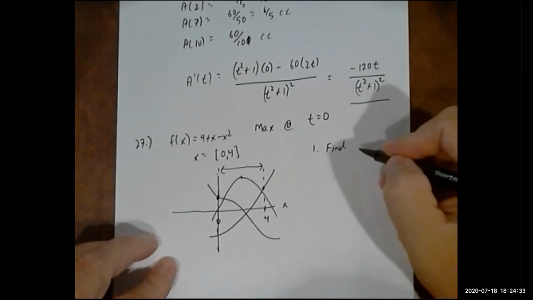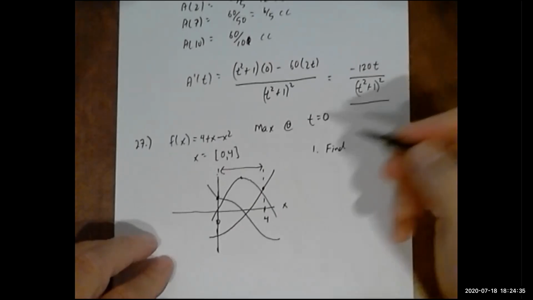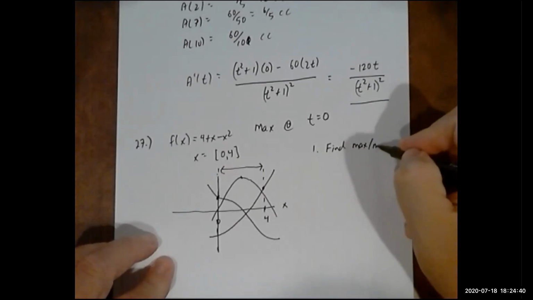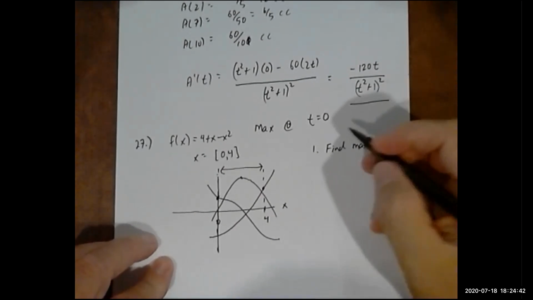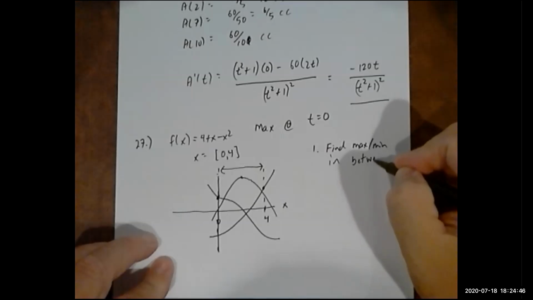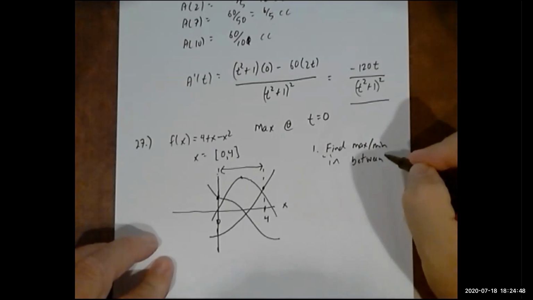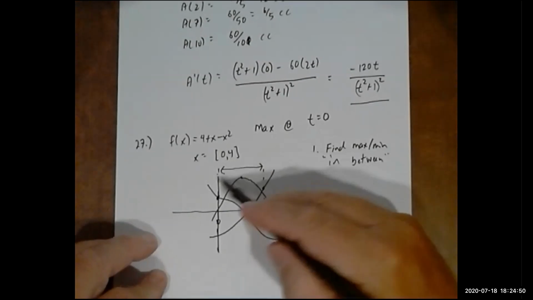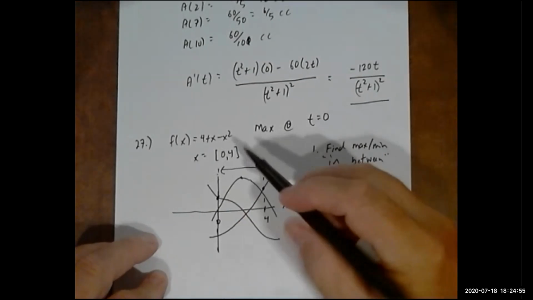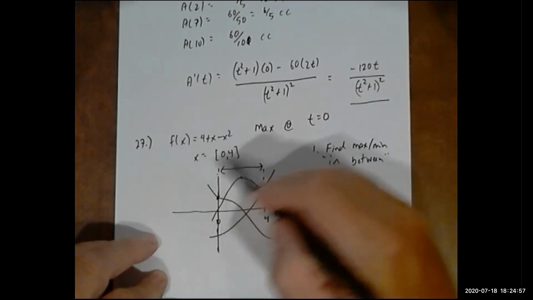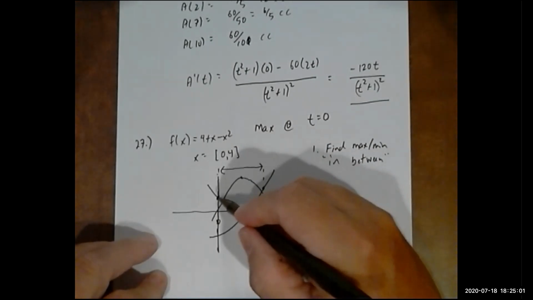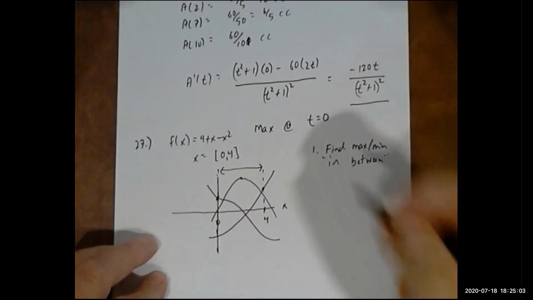First step, according to whether you're looking for a max or a min, find your max or min that are in between your two, I'll call them limits. So for this problem, I'm going to look for any maximums or minimums that are in between when x is 0 and x is 4.